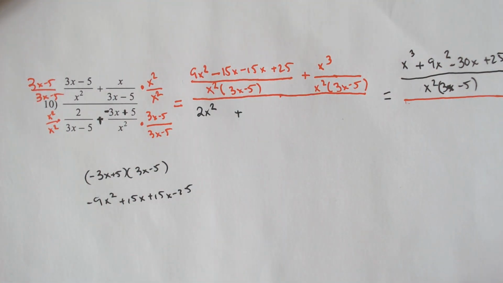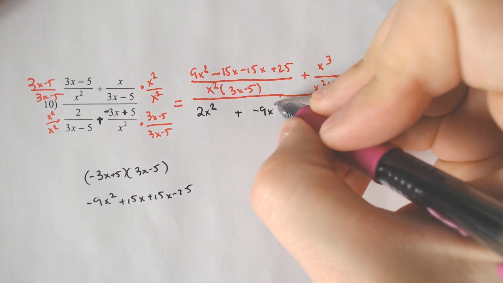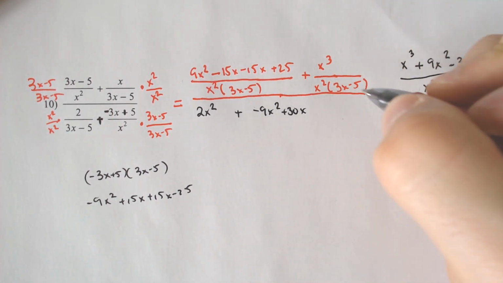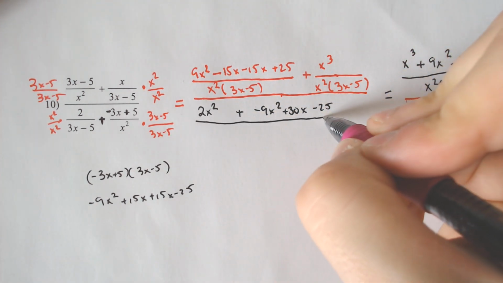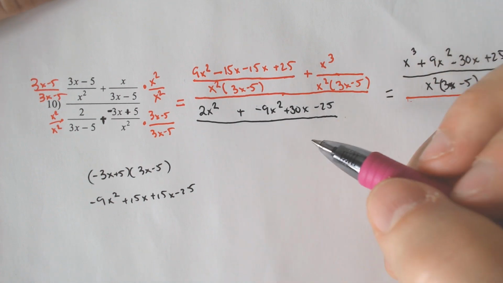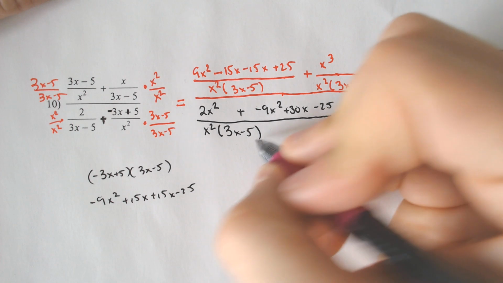So a lot of similarities would make what we have: negative 9x squared plus 30x, I guess I could combine 15 and 15, minus 25, and that is over an x squared and a 3x minus 5.